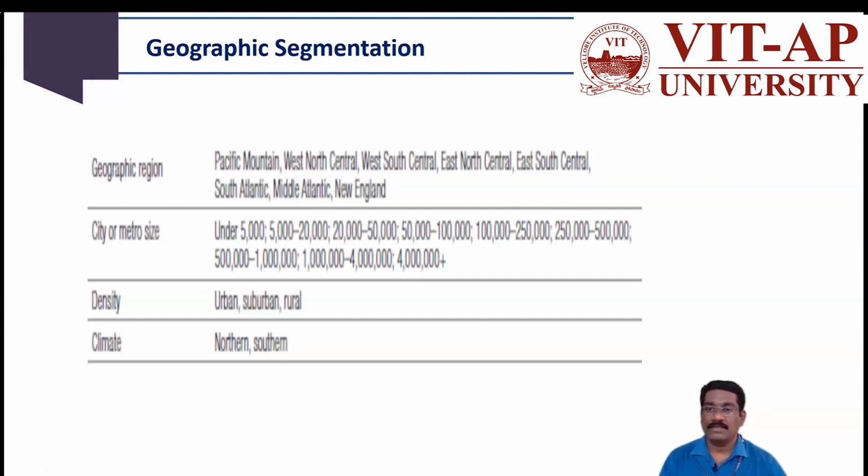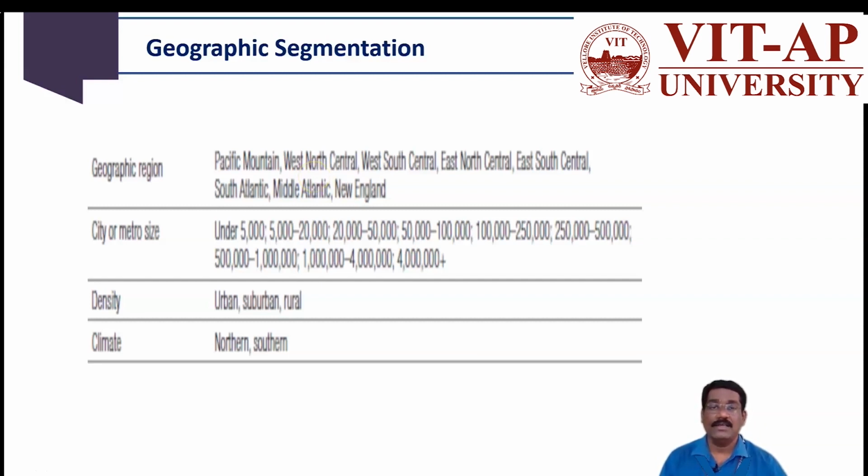Company marketers use this variable, city or metro size, in segmenting the market. Next, based on the density of a particular region, they classify it into urban, suburban, and rural.